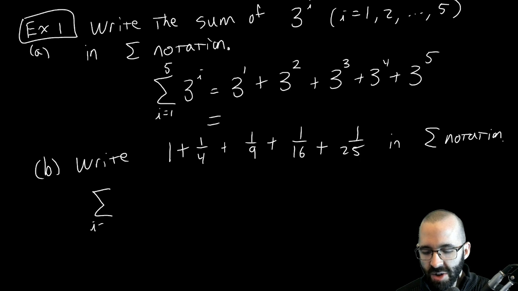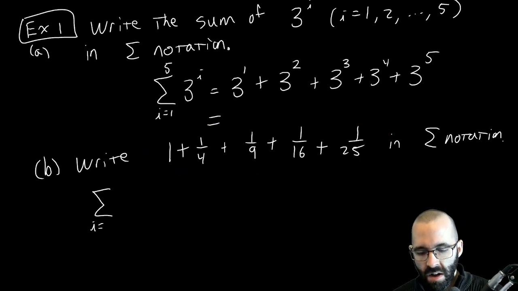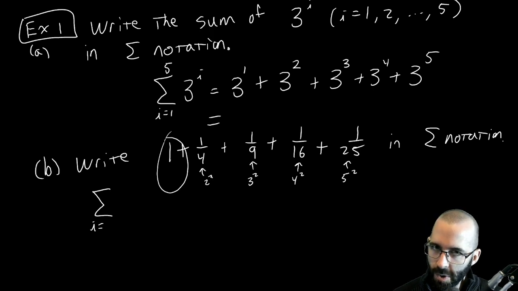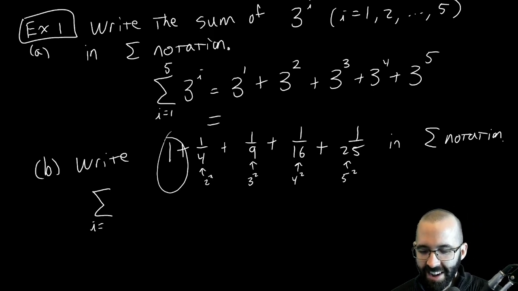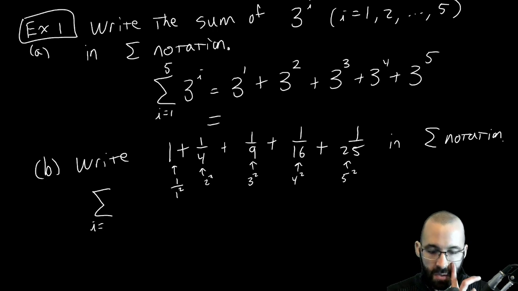Before we do that, let's just try to figure out a pattern. What's happening here? Well, 4 is 2 squared, right? 9, that's 3 squared. Oh, that's 4 squared. That's 5 squared. This guy's the odd one out. Or is it? Could we not write this as 1 divided by 1 squared? 1 divided by 1 squared is still 1.